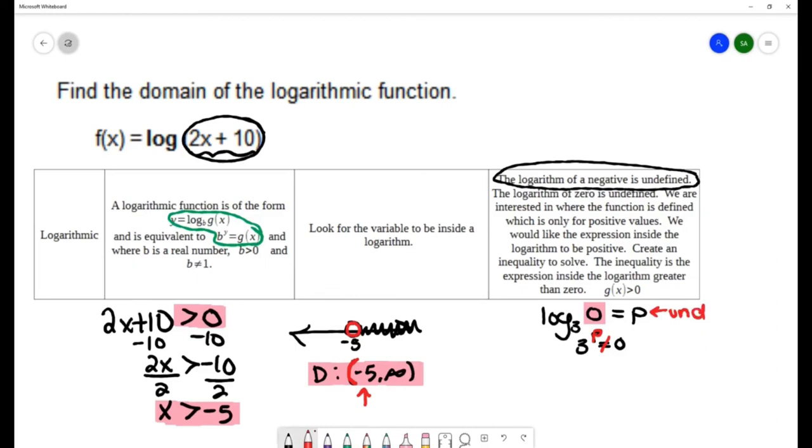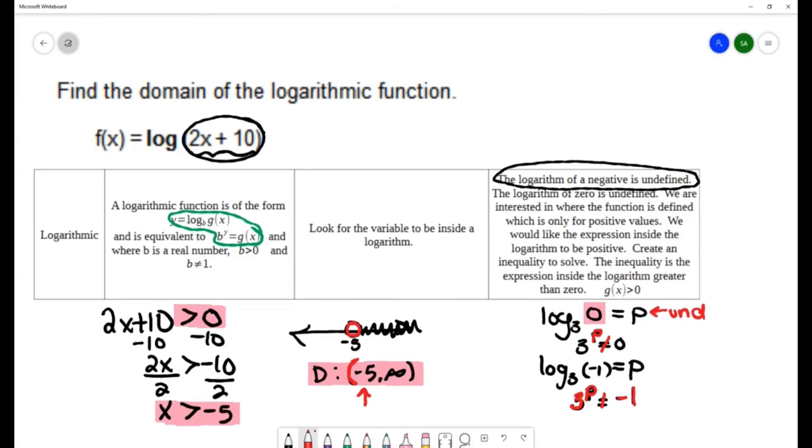The same thing happens when you try to do the log of a negative number. If you try to think about it, you're going to say, okay, this equals some p, which is a power. Rewrite it in its exponential form. You get 3 to a power equals negative 1. And you can see once again that this can never happen. You cannot take a positive number and raise it to a real number power and get a negative answer.